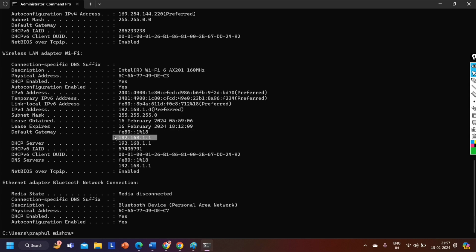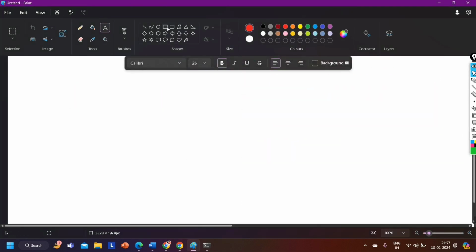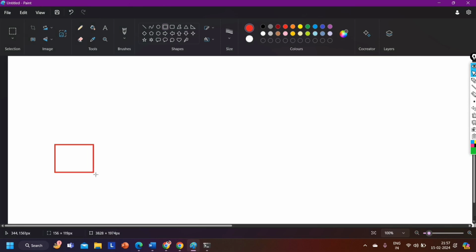This is the IP address of my home router. Getting my point? See, this is my PC, and my PC is connected with my home router through the Wi-Fi NIC. Here is the home router.